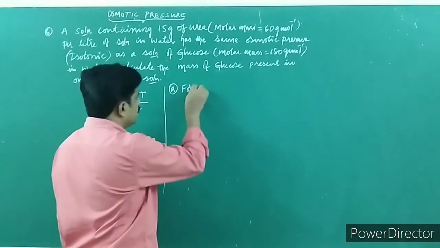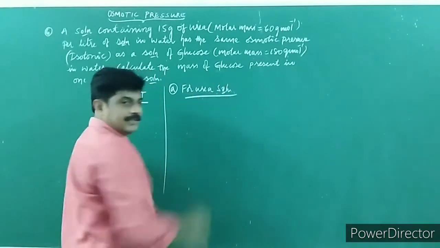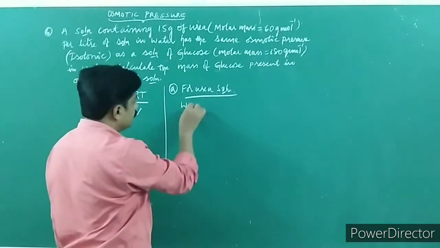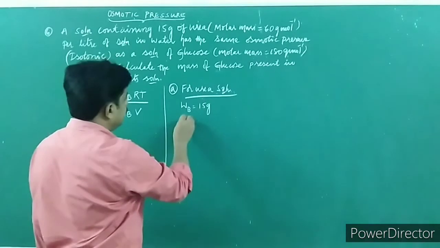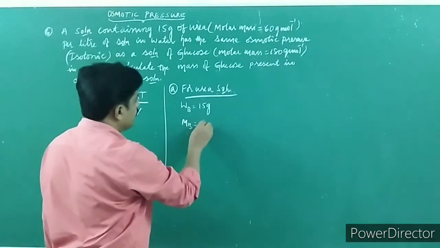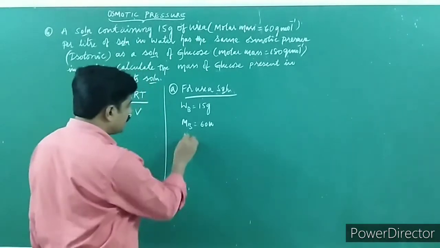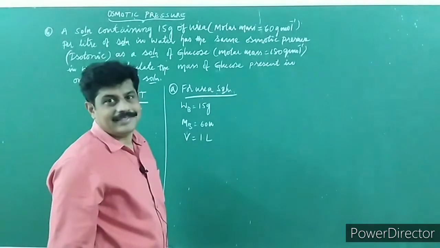For the urea solution, look here, WB is equal to how much? 15 gram. Is it not? And MB is equal to how much? MB is equal to 60 gram or unified mass. And volume is how much here? Volume is 1 liter. Is it not?